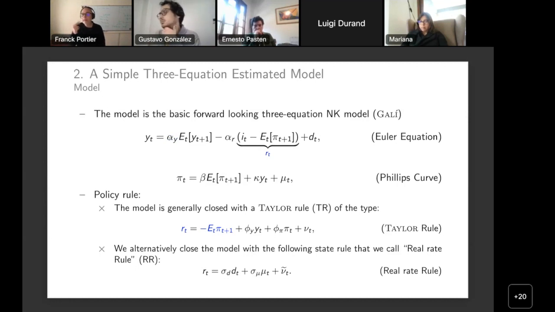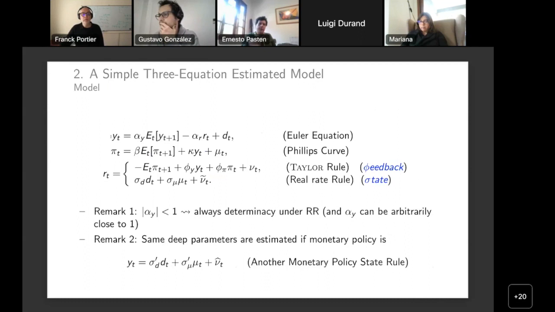It can even be exactly 1, but we know that when we estimate those parameters, this one is never 1, so it's more than 1. So that's what I do. I'm going to estimate a model with those two equations plus either that rule or that one. Note that, given that this alpha y is smaller than 1, the equilibrium is always determinate under the state rule. So I'm exactly again in the case of my abstract example.